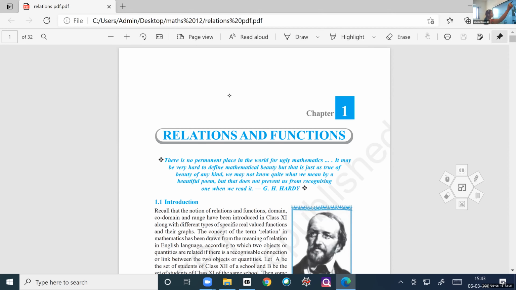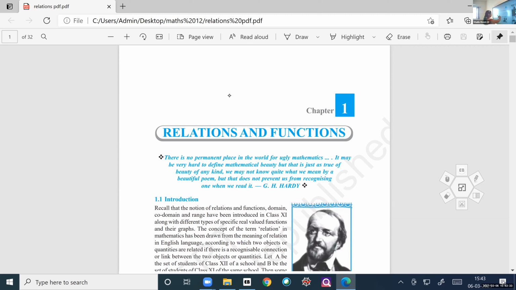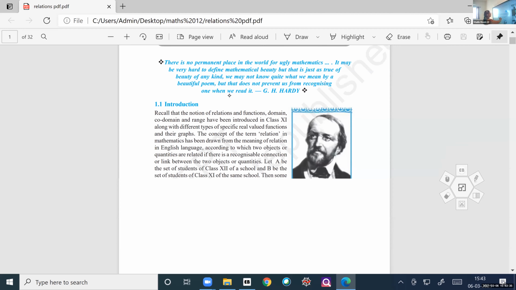Children, if you take the first chapter in your textbook, you have 4 different topics.